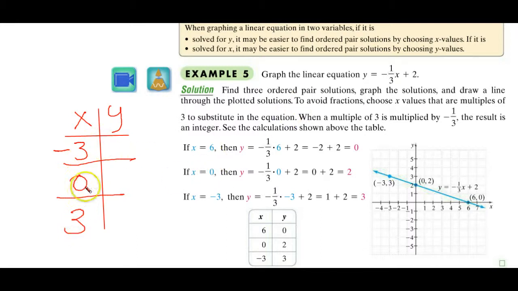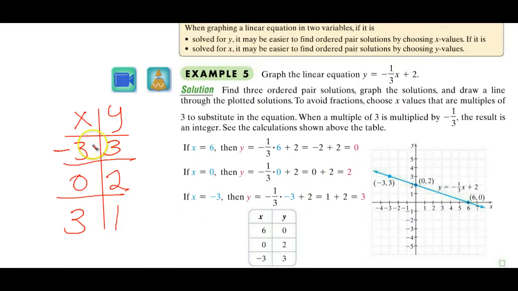Now, why did I choose those? Because by using multiples of 3, my 3's are going to cancel out here. All right, let's see what we get. So -3, and -3, this becomes a +1, plus 2 is 3. All right, if this is a 0, this is a 2. Now, if this is a +3, this now becomes a -1. -1 and a 2 is a 1.